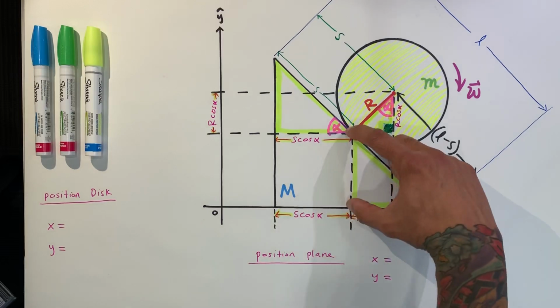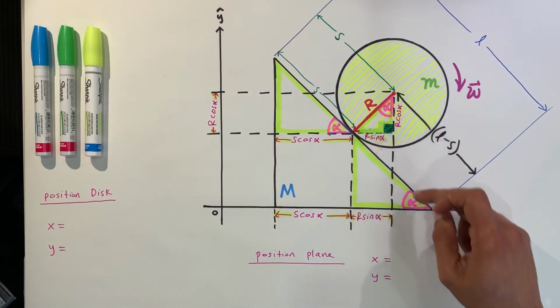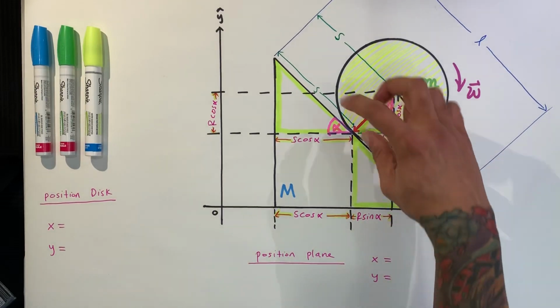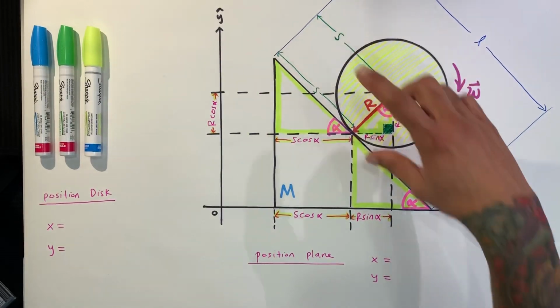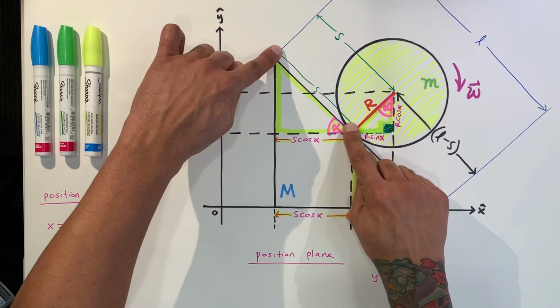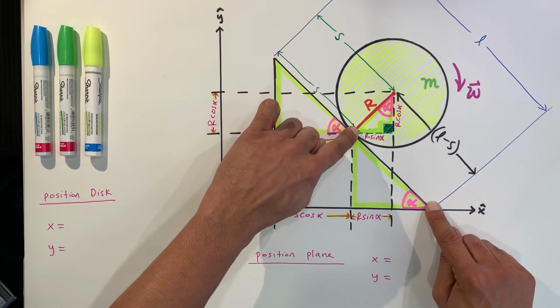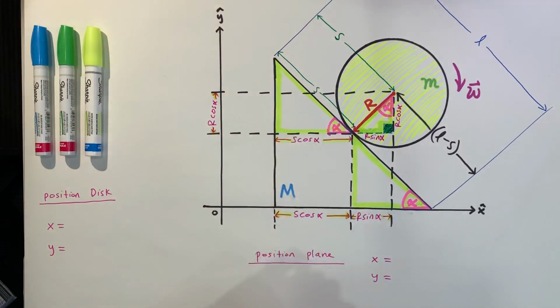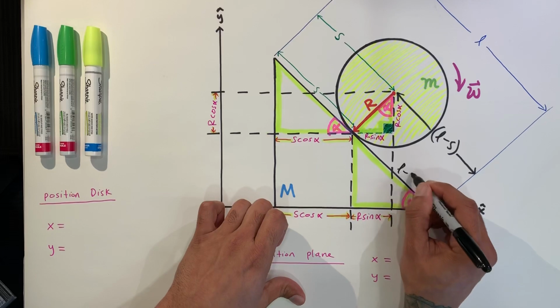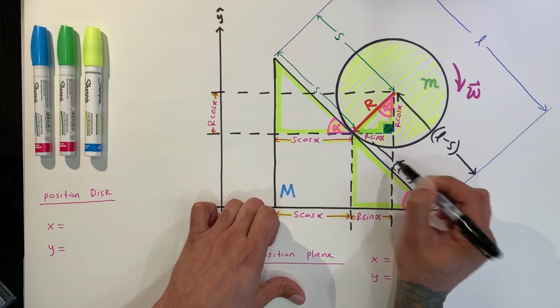We want this side that can fill in this gap for us. So here, just like with this one, the hypotenuse came from up here down. This whole piece can come down here, so the L minus S. So let's do that. We got L minus S as our hypotenuse.